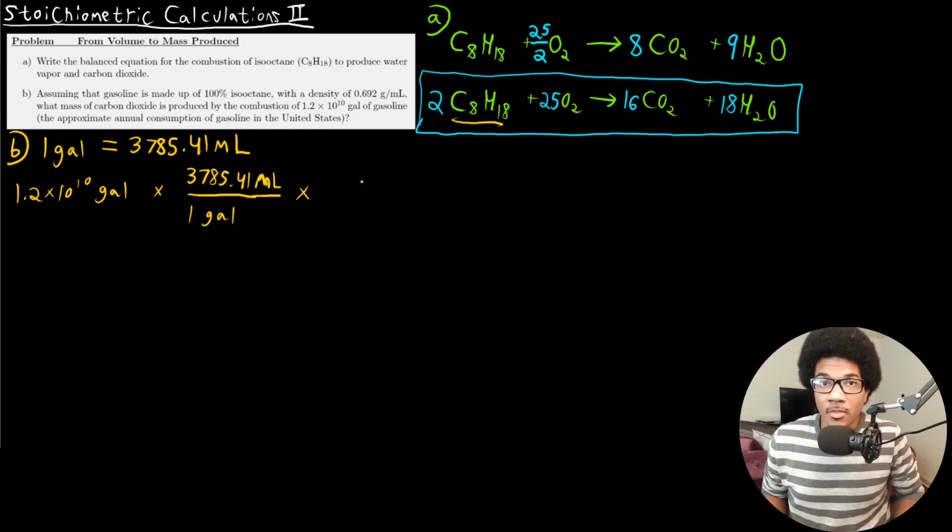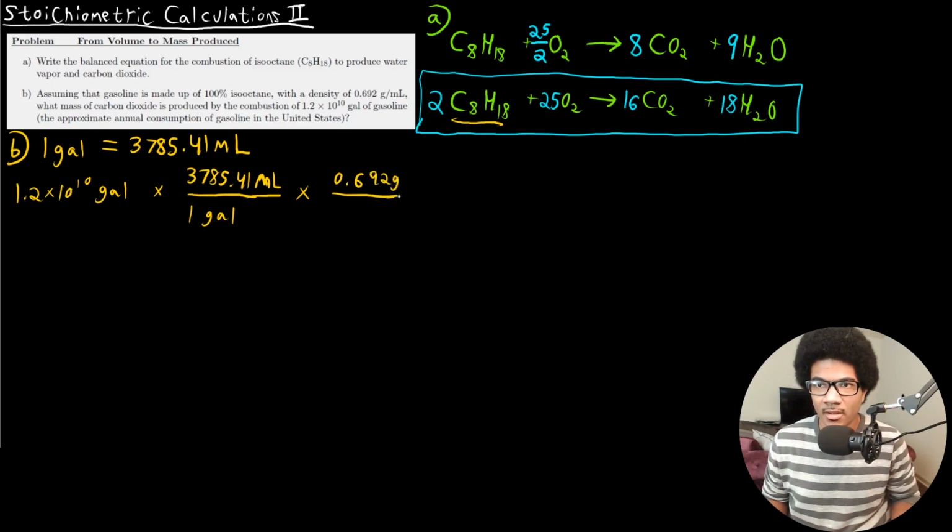And then from there, we can go from a volume to a mass using the density, right? So we know that for every 1 milliliter, we have 0.692 grams of isooctane, right?